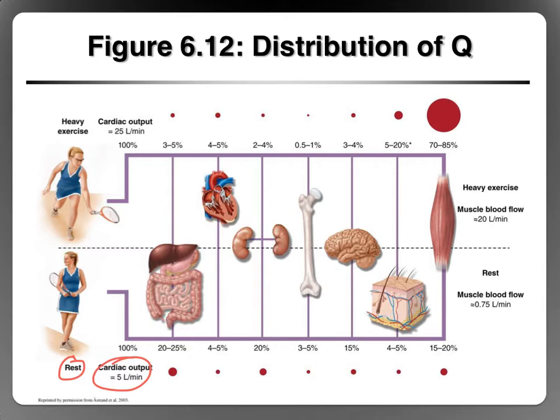So if we take 100% of your flow, which is 5 liters, at rest, 20 to 25% goes to your viscera. Okay, your liver, your stomach, your intestines. 4 to 5% goes to the heart, 20% to the kidney, 3 to 5% to the bone, 15% to the brain, 4 to 5% to the skin, and 15 to 20% to the muscle.